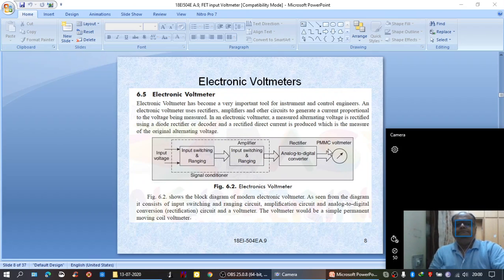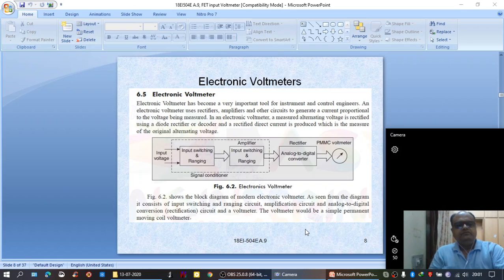Next, the basic circuitry of an electronic voltmeter. Electronic voltmeter has become a very important tool for instrument and control engineers. About this only I was explaining. What is control?